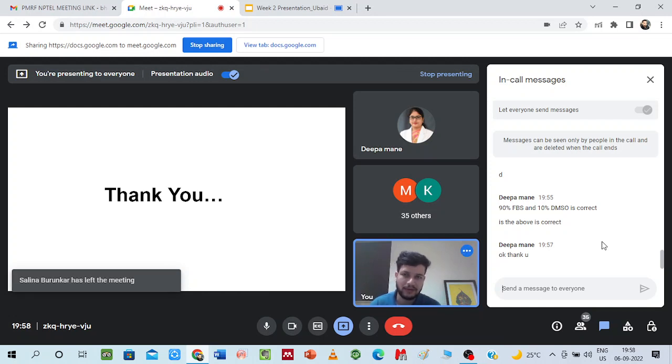If you have the resources and you are planning to store for a very long time, in that case only FBS plus DMSO will work, but it is not required. You can also add the media and add 20% or 10% FBS. Okay, thank you.